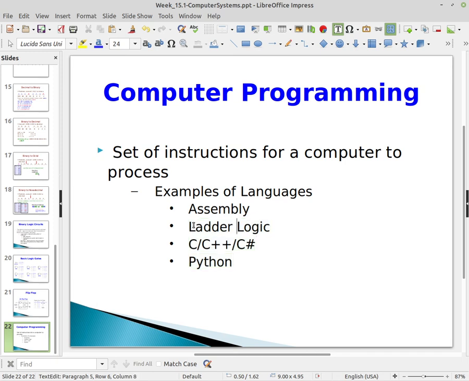Now, probably three of the most common types of languages are, first, ladder logic. Ladder logic is laid out, as it implies, in a ladder or rung sort of structure where it performs each instruction sequentially, just like you were climbing down a ladder.